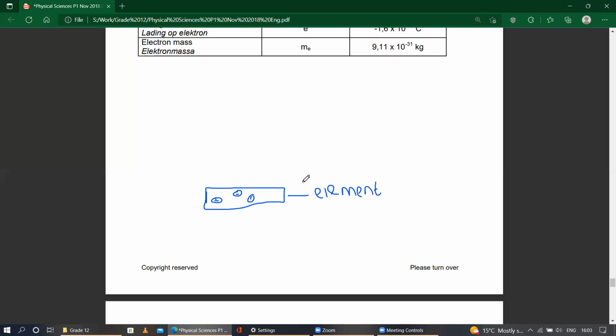So every element has its own absorption spectrum.